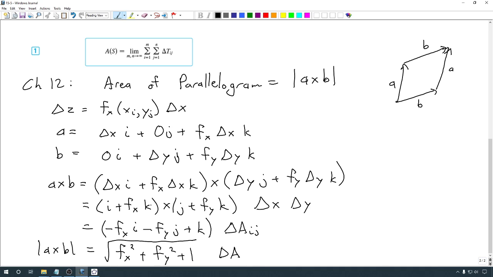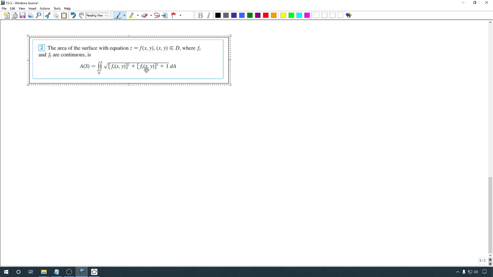Of course, these f sub x and f sub y's are at the point x_i, y_j. But the point here is now we have a formula for delta T_ij, because this is just the area of the parallelogram that we're trying to find. And so we have a formula for the surface area in terms of an integral.